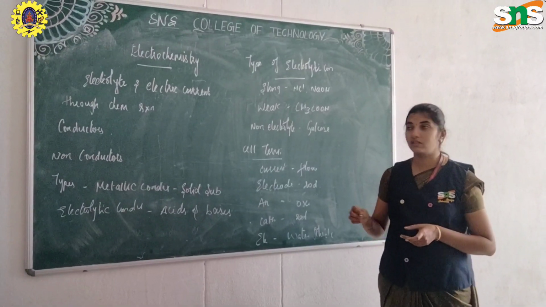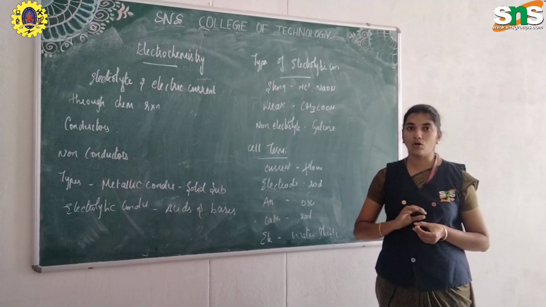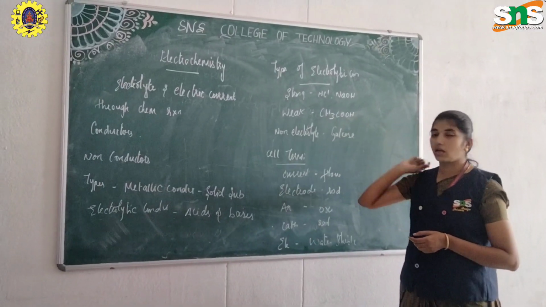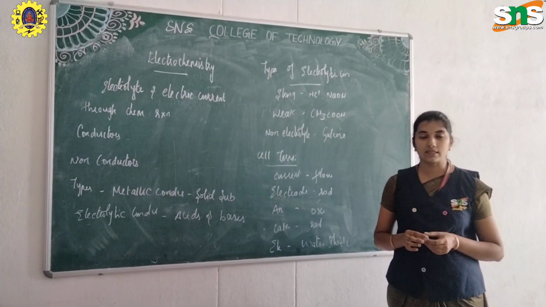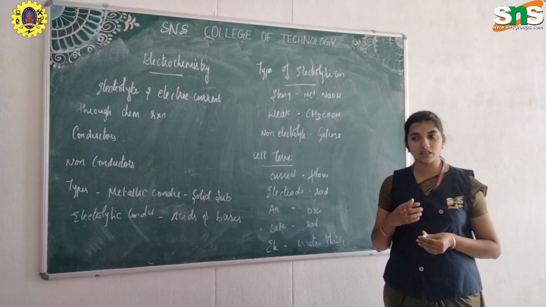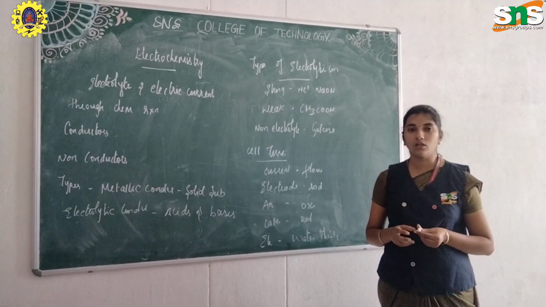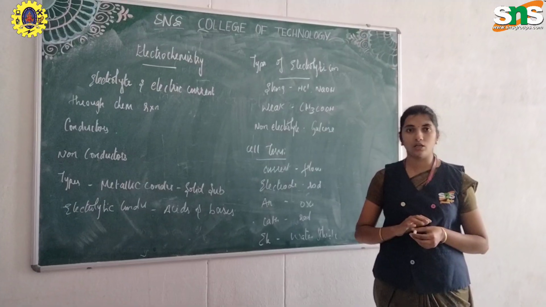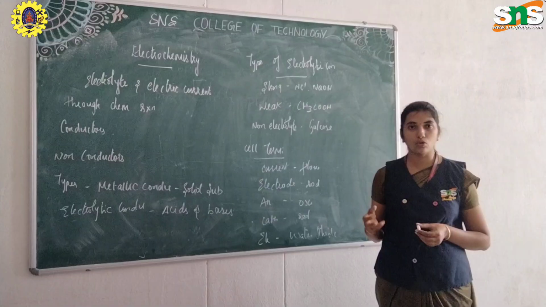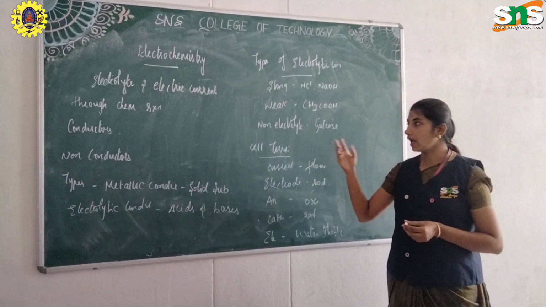And non-electrolytes are solutions which do not ionize in any dilution. The examples are glucose and sugar. These are the types of electrolytes: strong, weak and non-electrolytes.